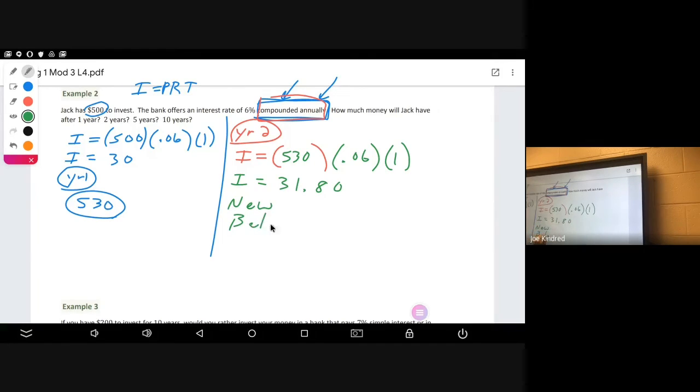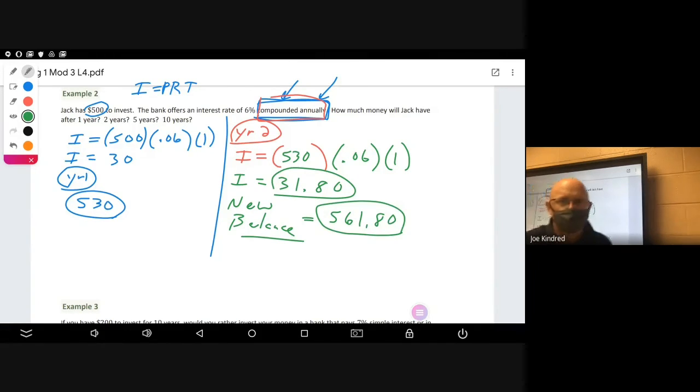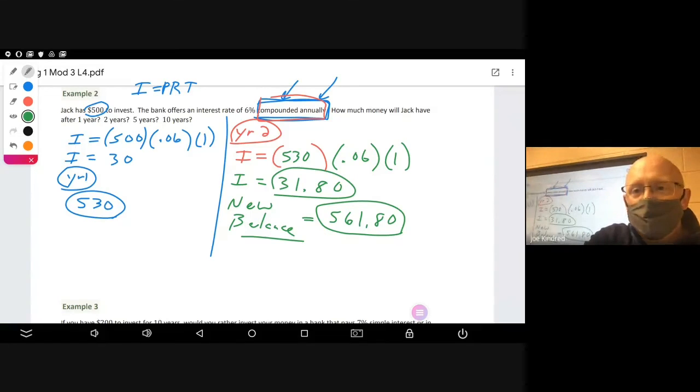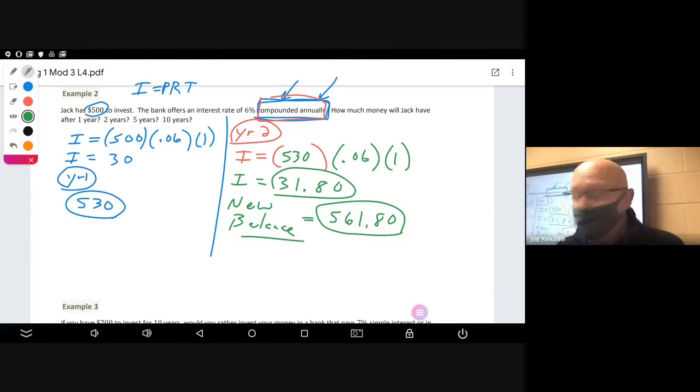Your interest is going to be calculated off the principal of 530 times 0.06, 31.80. So now your new balance is 530 plus the 31.80, and now it's 561.80.